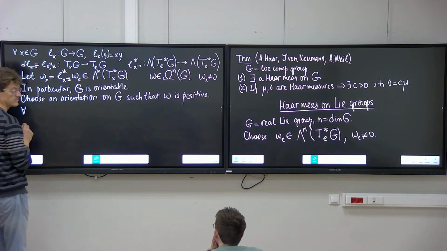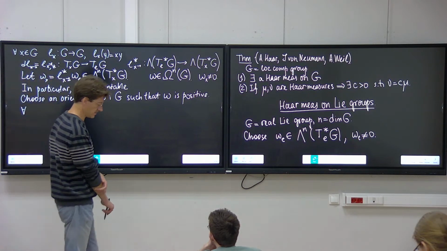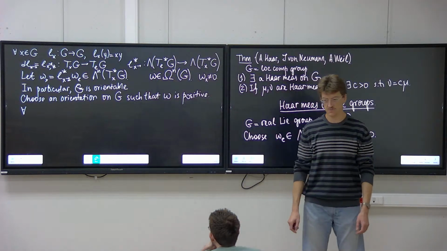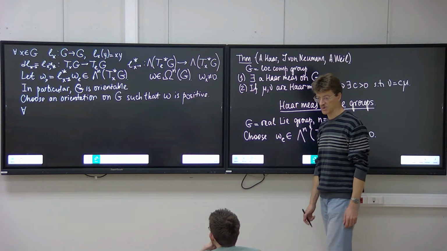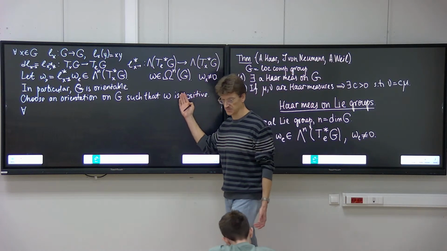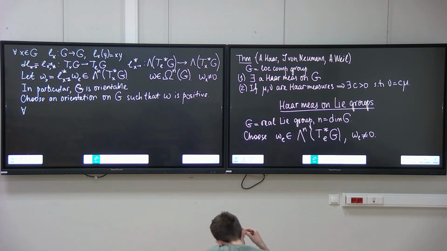Sorry, why is G orientable? Well, one possible criterion for the existence of an orientation of a manifold is the existence of a differential form of higher degree which is nowhere zero. This form is nowhere zero, so it is equivalent to the existence of the orientation.